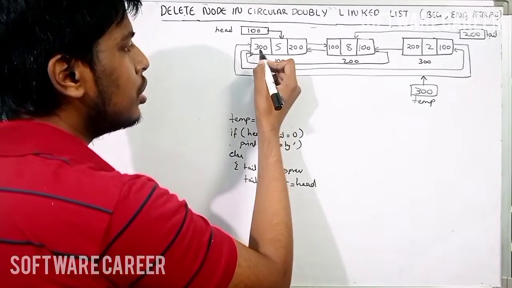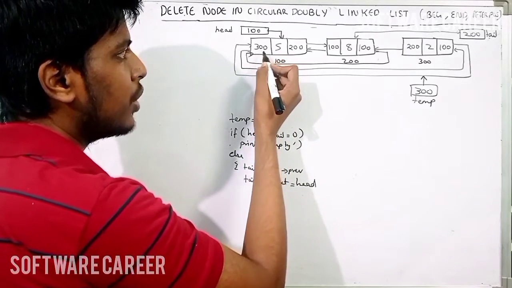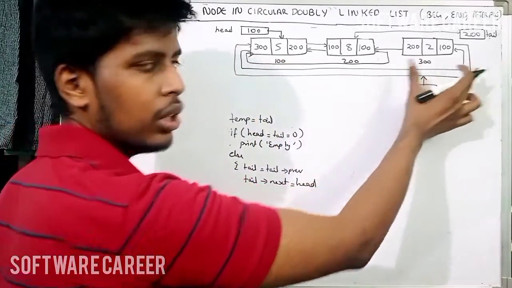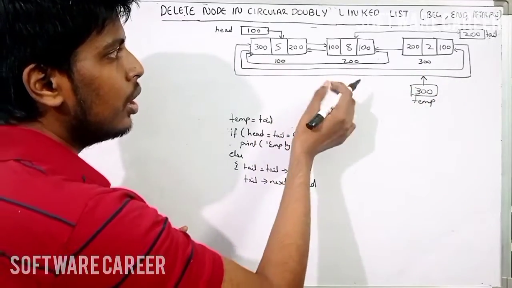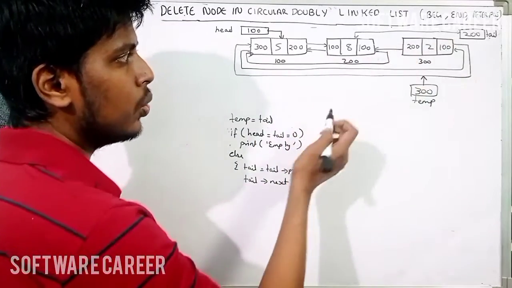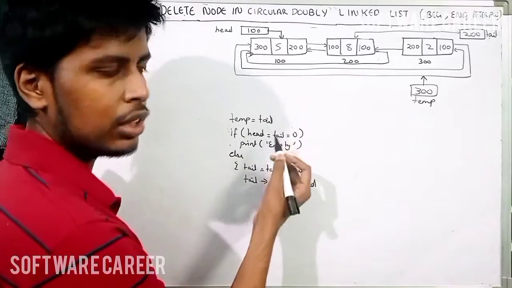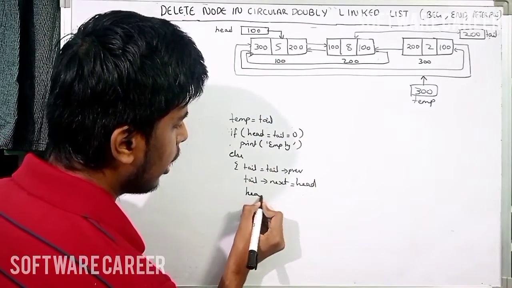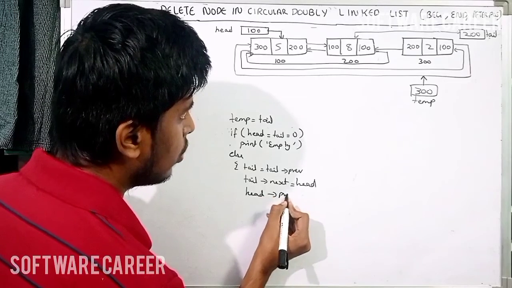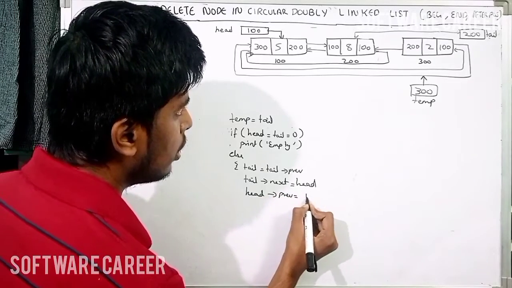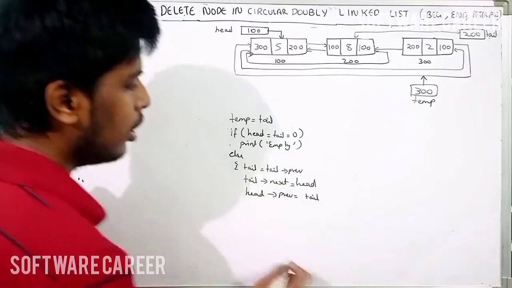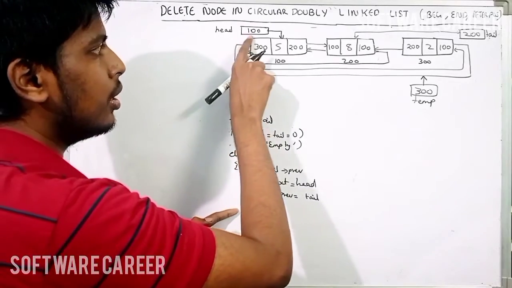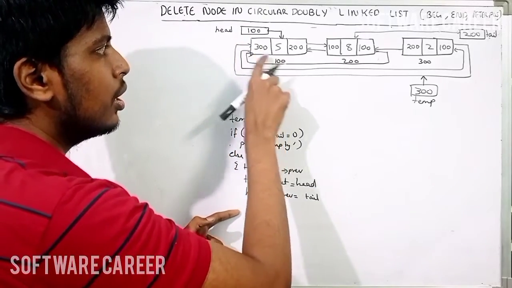Now see, I should change this pointer. In the previous pointer of the first node I should store the address of the last node because this is circular. Now if you delete this node, this is the last node. So 200 is the address of the last node. You should store 200 here. So how to do it? See here. Head previous equals to tail. Now see, head previous is what? Head is 100. 100's previous is 300.